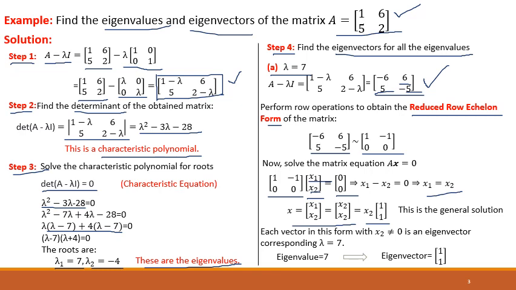So this is the general solution. Each vector in this form with x2 not equal to 0 is an eigenvector corresponding to lambda equal to 7. As we put a non-zero value of x2 in this equation, the eigenvectors corresponding to lambda equal to 7 will be generated.